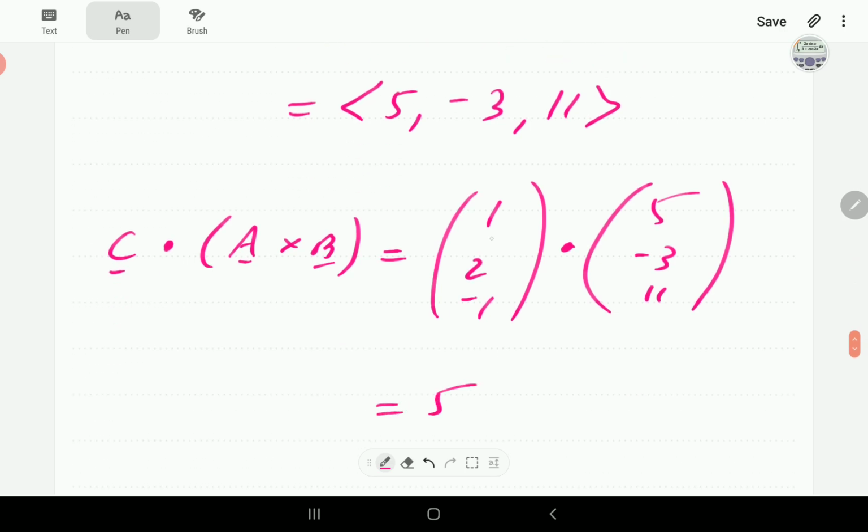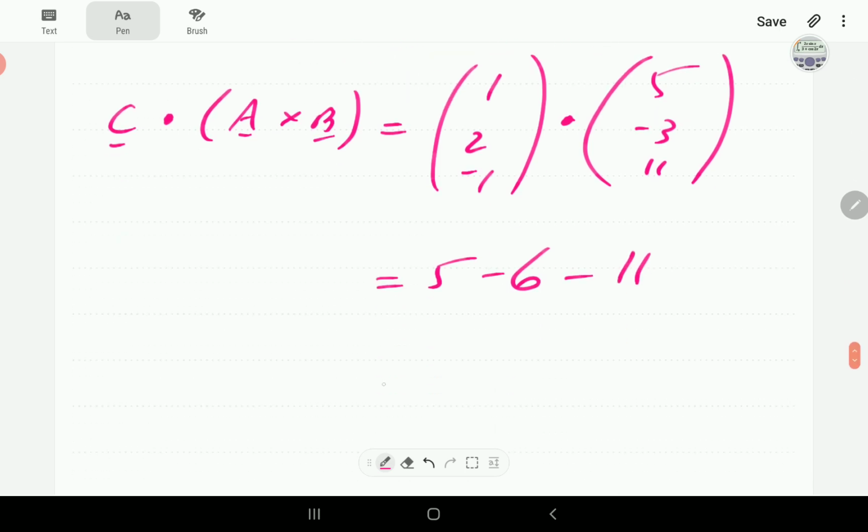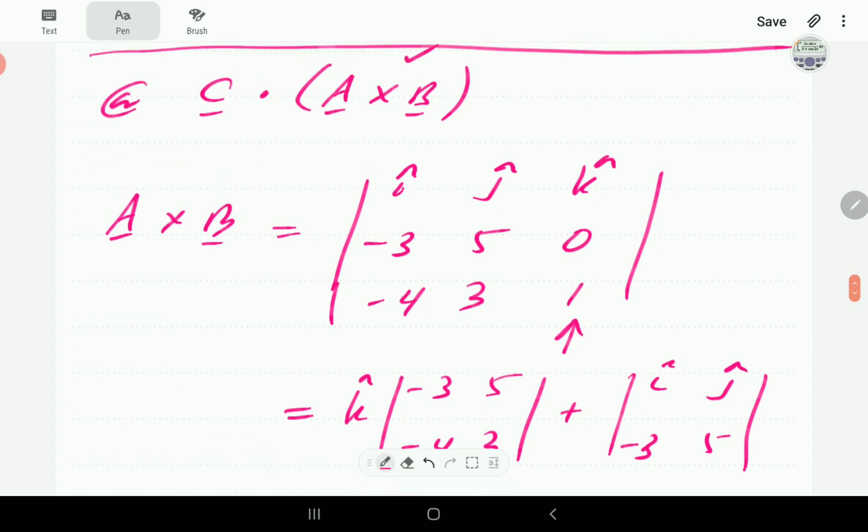This is going to be 1 times 5, minus 6, 2 times 3, minus 11. So 5 minus 6 is minus 1, so it's going to be minus 12. Okay.